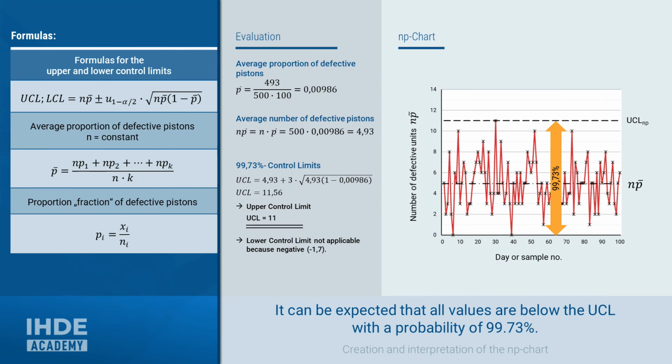The upper control limit was drawn at the calculated 11. The red value curve shows the data on the basis of which we carried out our calculations. It is therefore to be expected that all values will be below the upper control limit with a probability of 99.73%.